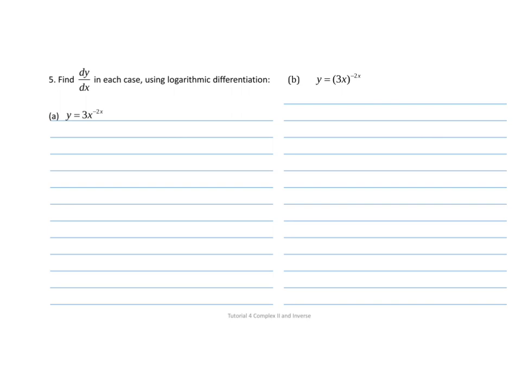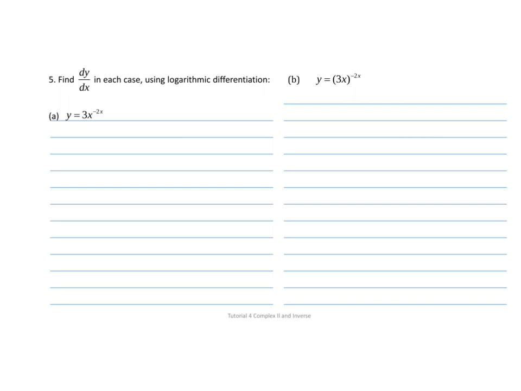Okay. In each case, using logarithmic differentiation, find the derivative dy dx. I actually love logarithmic differentiation because it just shows you how much easier doing a tiny little thing makes life for you.